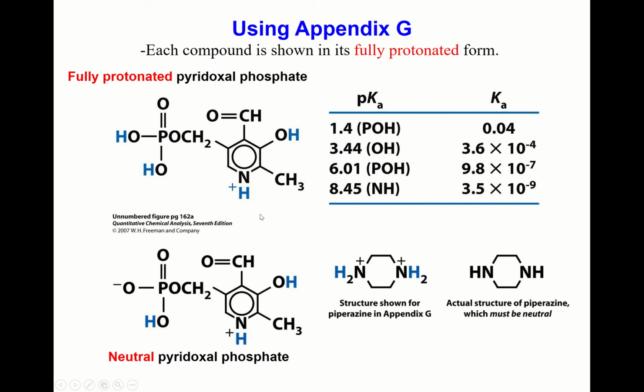In this book, the author Daniel Harris considers the fully protonated form. The dissociation constant for the compound is K1, and then the next one is K2, like that.